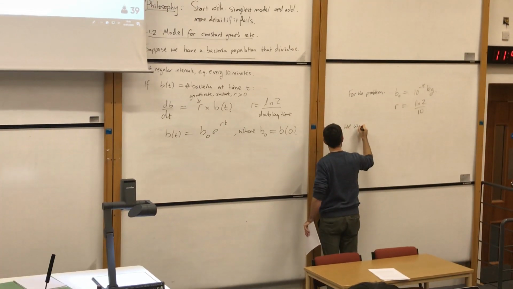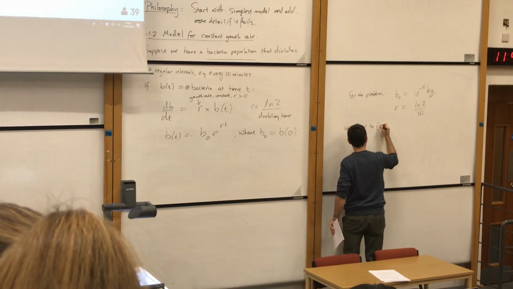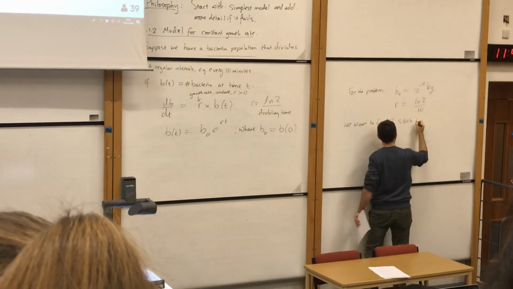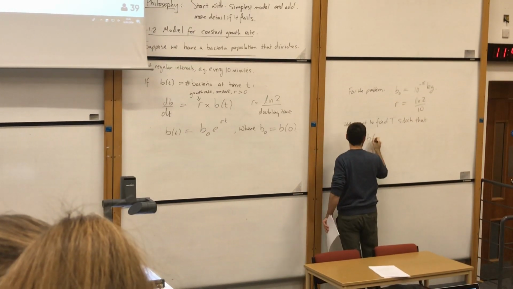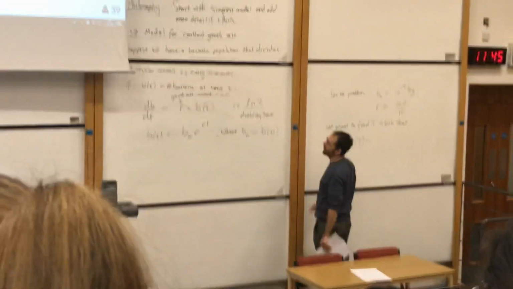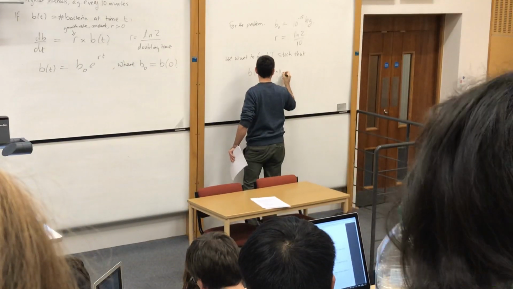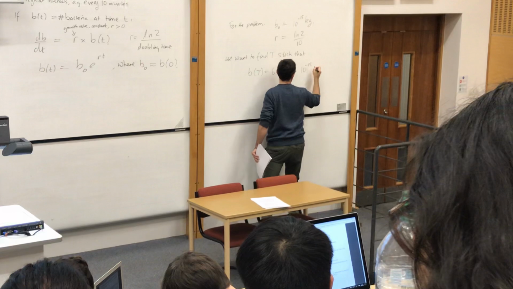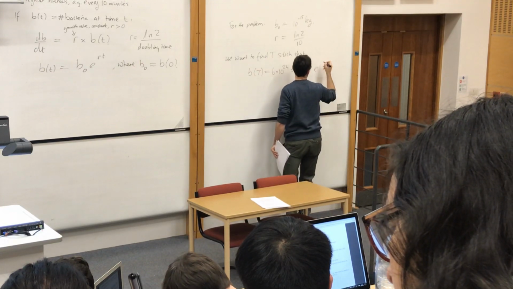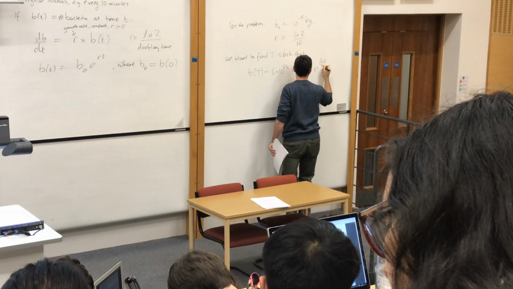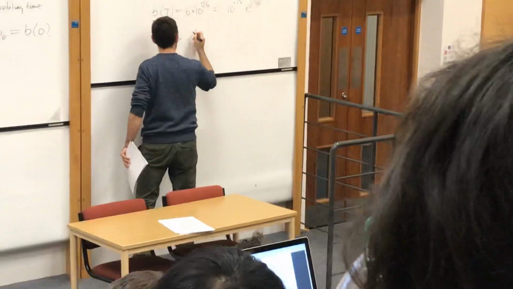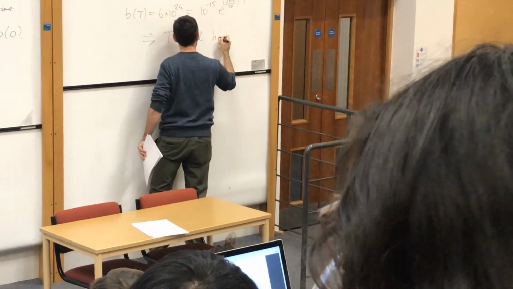We want to find t such that B of t is equal to the weight of the Earth, so 6 times 10 to the 24, which is equal to 10 to the minus 15 times e to the log 2 over 10 times t. And if you do that calculation, it tells us t would be about 22 hours.